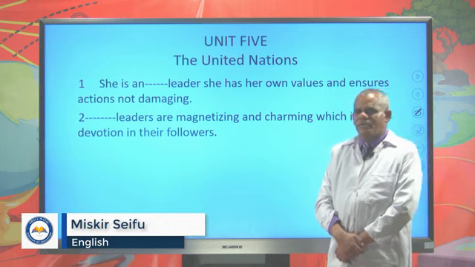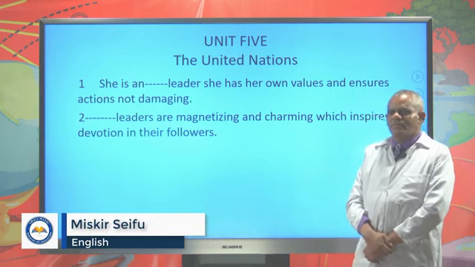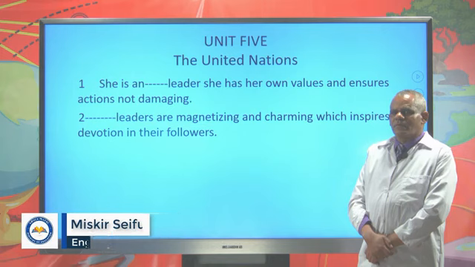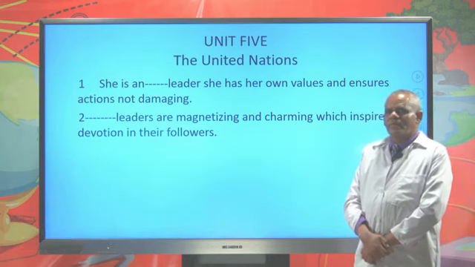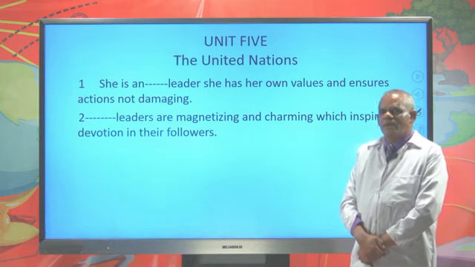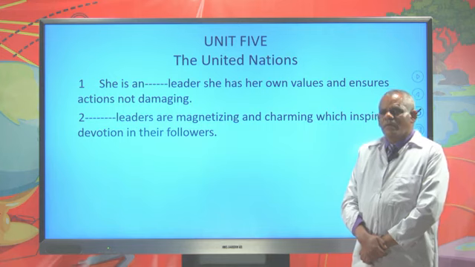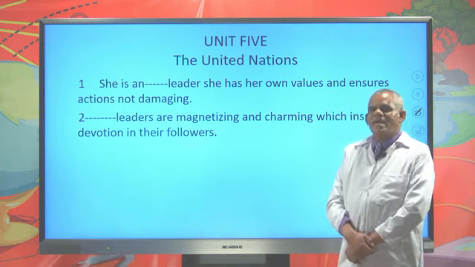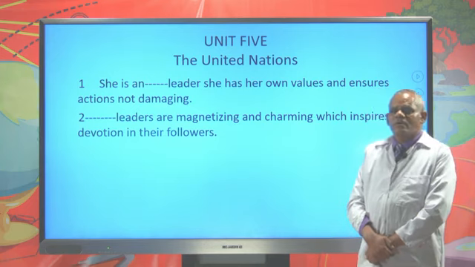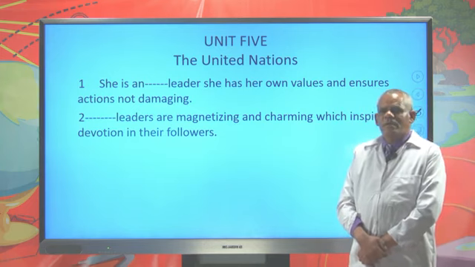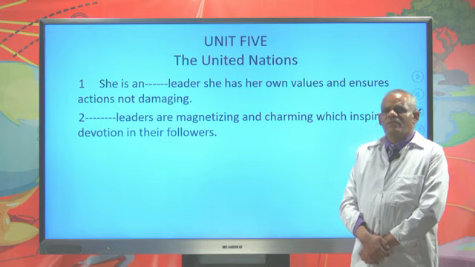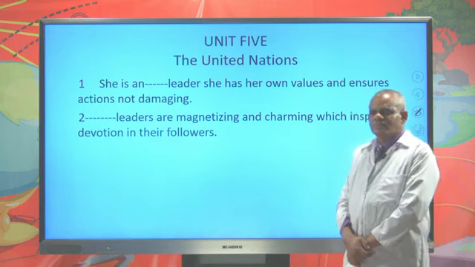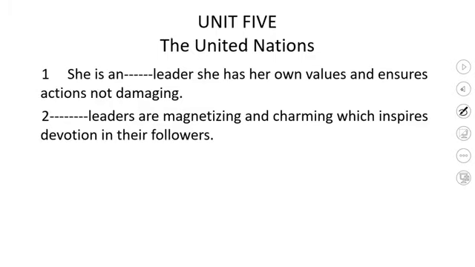Again, before you read the next sentence, go to number 2. Dash leaders are, right, magnetizing and charming, which inspires devotion in their followers. What are the appropriate vocabularies for this word?